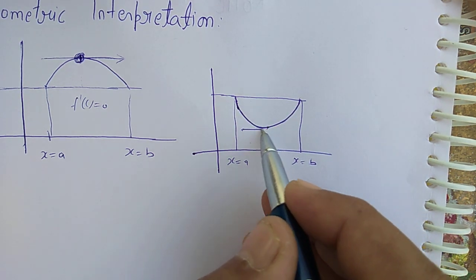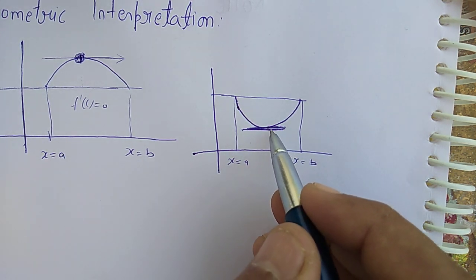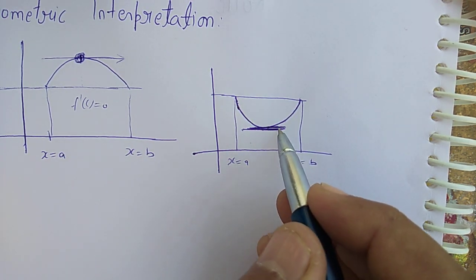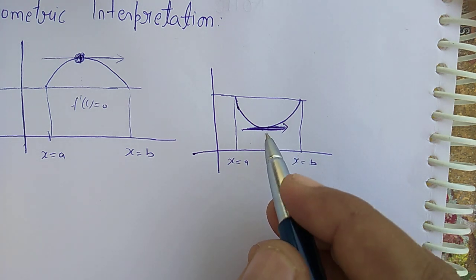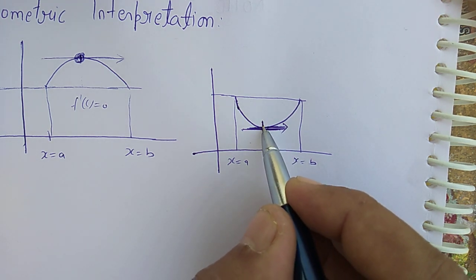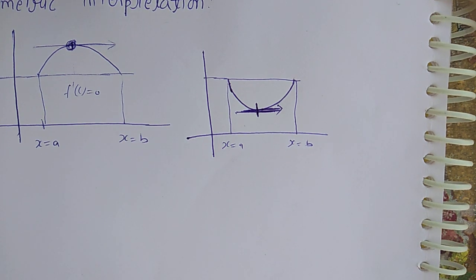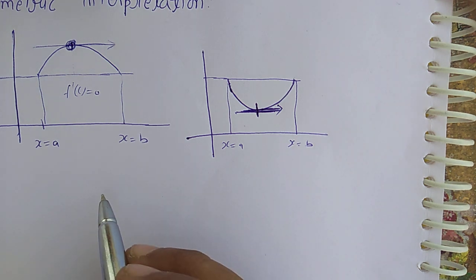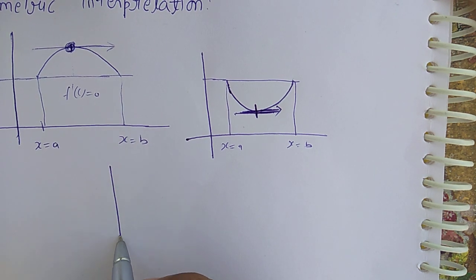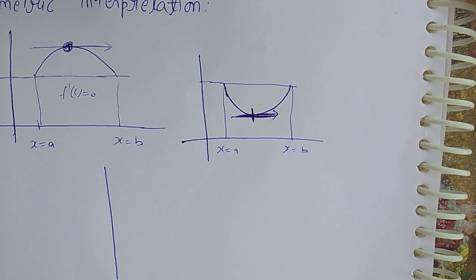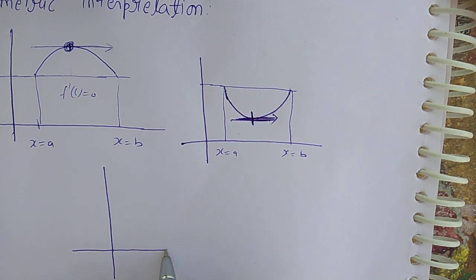So at this point your derivative is 0, so the slope will be 0, your tangent will be parallel to x-axis, so this point will give that c. So these are the cases for one point where derivative is 0, but in some cases we can have more than one point.